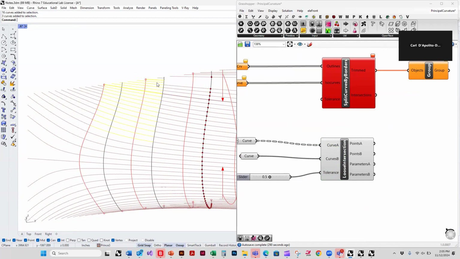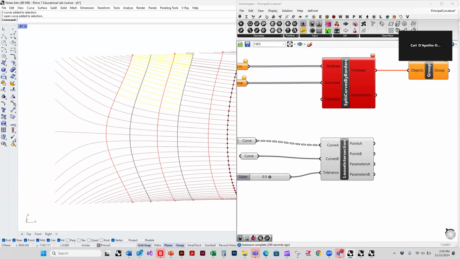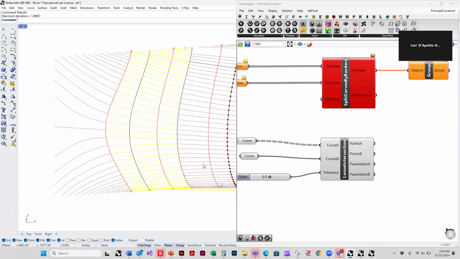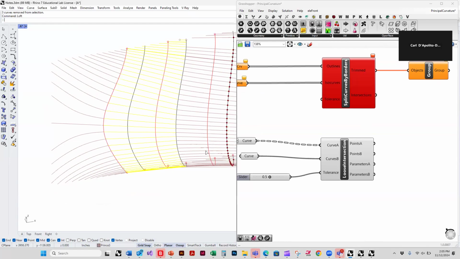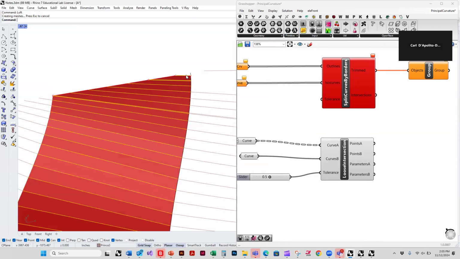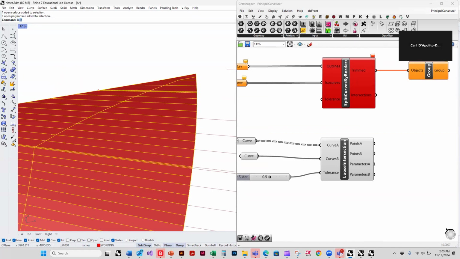Okay, once these are made, you can go through here and select them all, rebuild them with 2 points, and then lock them together with straight sections. And then you can go in and tag the end with a little triangle. And that will work and unroll.